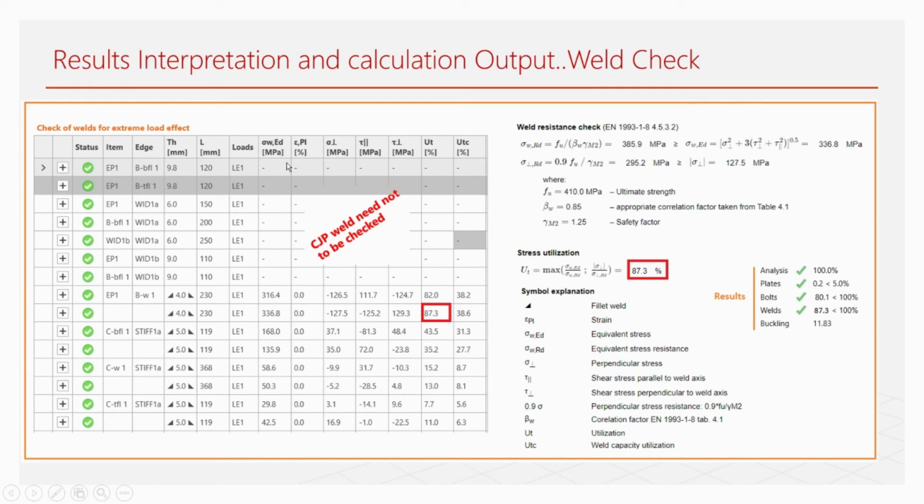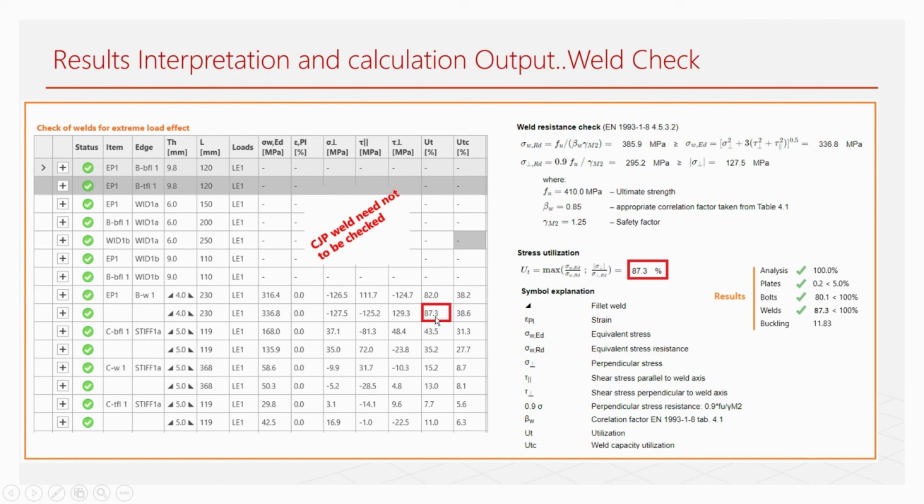So everything is shown here, and there is a blank space, as you can see, because our beam is welded to the end plate with the CJP weld. So this need not be checked, and that's why these columns are blank. Whereas for other checks where there is a weld, you can see the fillet welds here. The end plate is connected to the beam web with a 4 mm thick both-side fillet weld, and this check is performed.